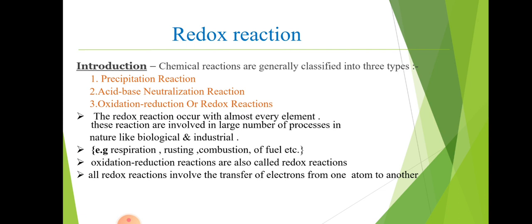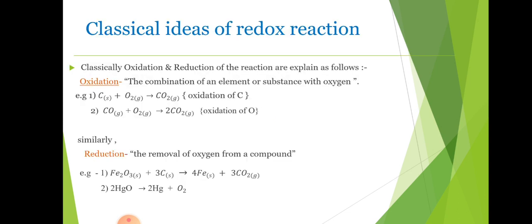The above three different types of reactions were already seen in previous years: precipitation, acid-base neutralization, and oxidation-reduction. But in this chapter, we'll explain in detail. Now, in this topic, we'll discuss the development of the present-day concept of oxidation and reduction.